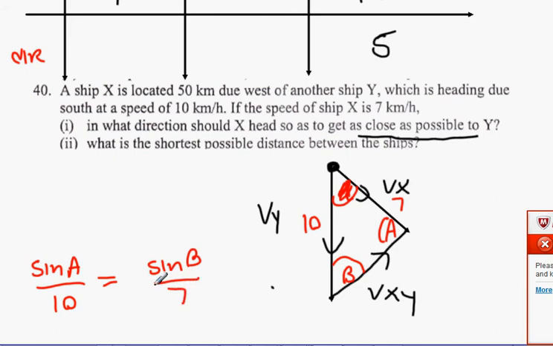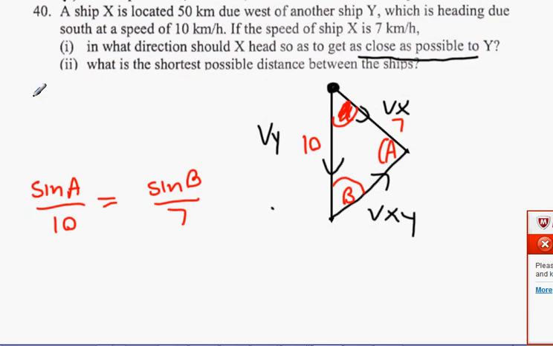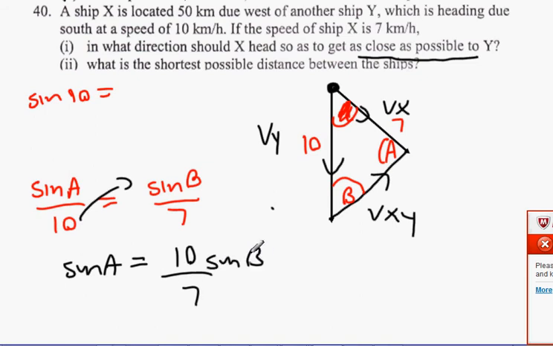Now when this happens to you guys, what you're always going to do is make one of the sines 90 degrees. It's always going to happen in these 3 information questions, and you've got to decide which one. Now, what happens if you move the 10 up here? 10 over 7 sine B, and you make B 90 degrees.